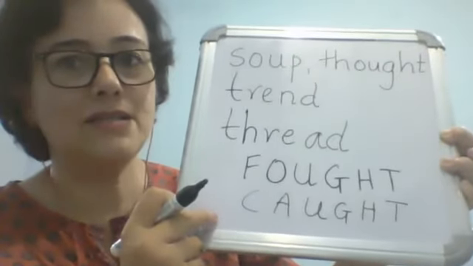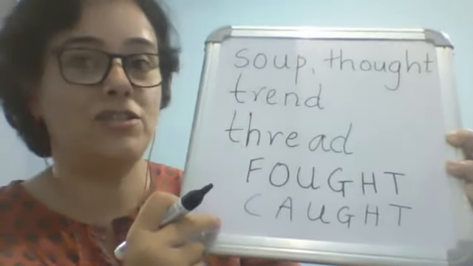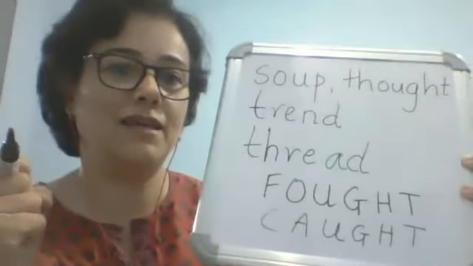It's the past tense of the verb catch. To catch something. Caught. And now I have to make a sentence with the word caught. The policeman caught the robber. Simple. You do the same. Find any word that rhymes with fought and make a sentence with it.